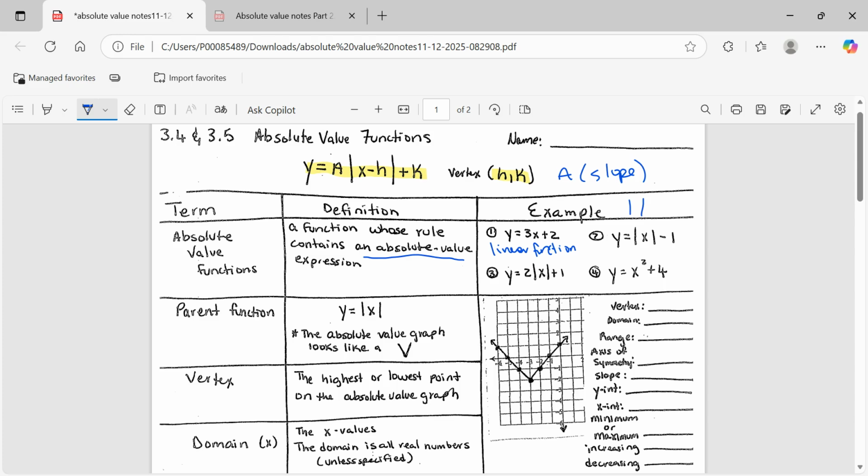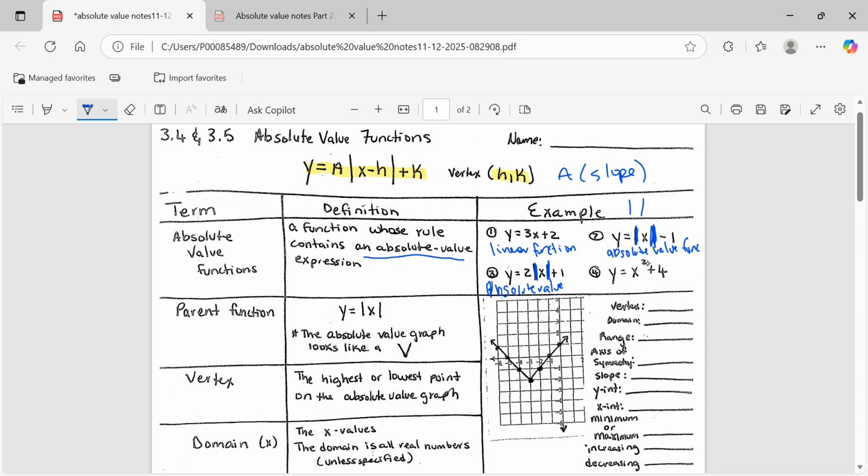Let's look at number two. Would it be an absolute value function? Well, yes, because it has the absolute value symbol. So this is an absolute value function. Let's look at number three. Is it an absolute value function? Yes, because it has the absolute value symbol. So this is an absolute value function.